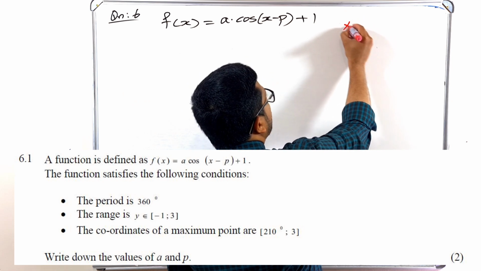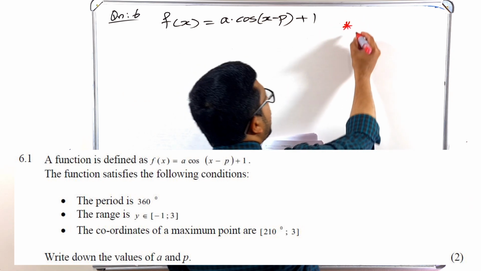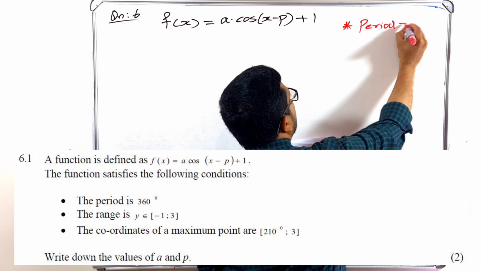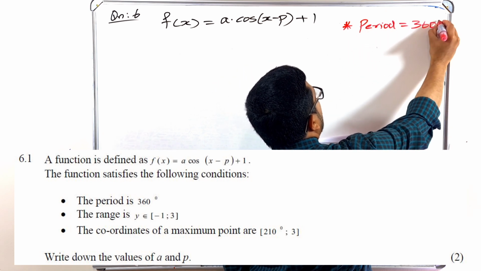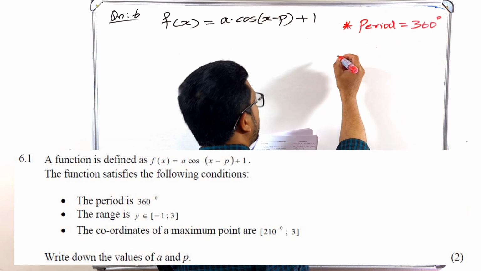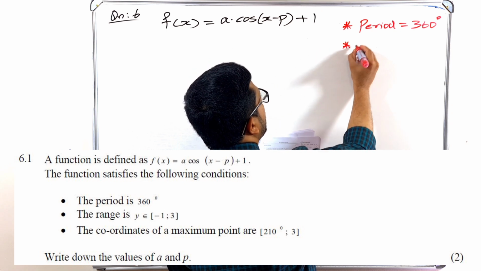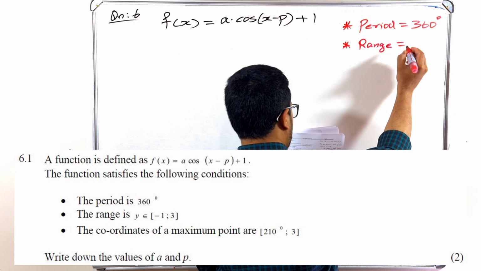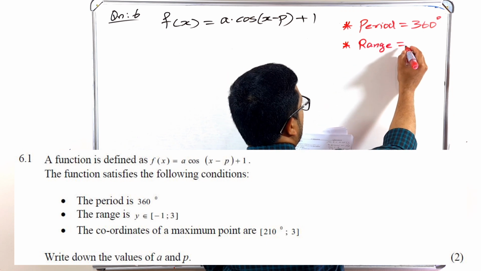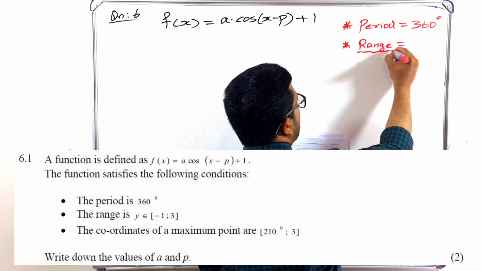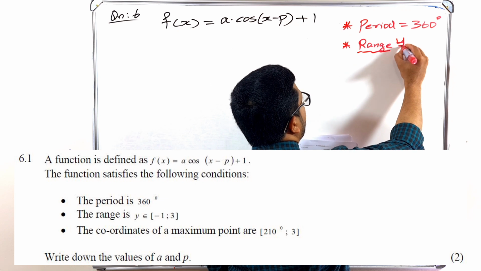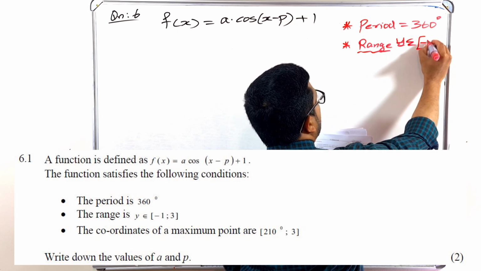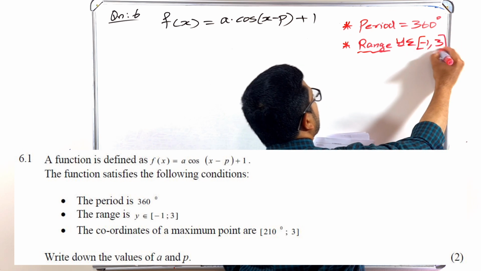What is the first one? The period of this function is equal to 360 degrees. The second condition is the range. What is the range? Y is an element of minus 1 to 3.